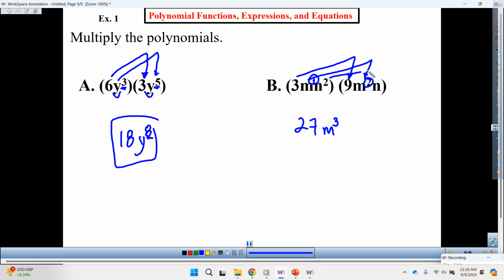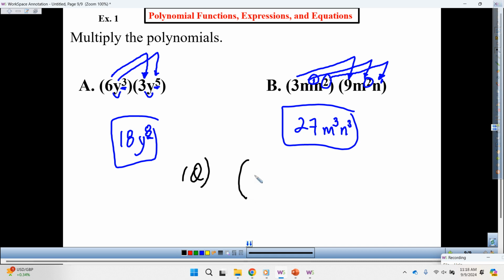What is n to the second times n to the first? Yes, n to the third, because 2 plus 1 is 3. Are we there so far? Okay, on your paper, write this down. Example 1Q. Let's do parentheses: 9x to the 7th, close parentheses, open parentheses, 5x to the, give me a number. 10.